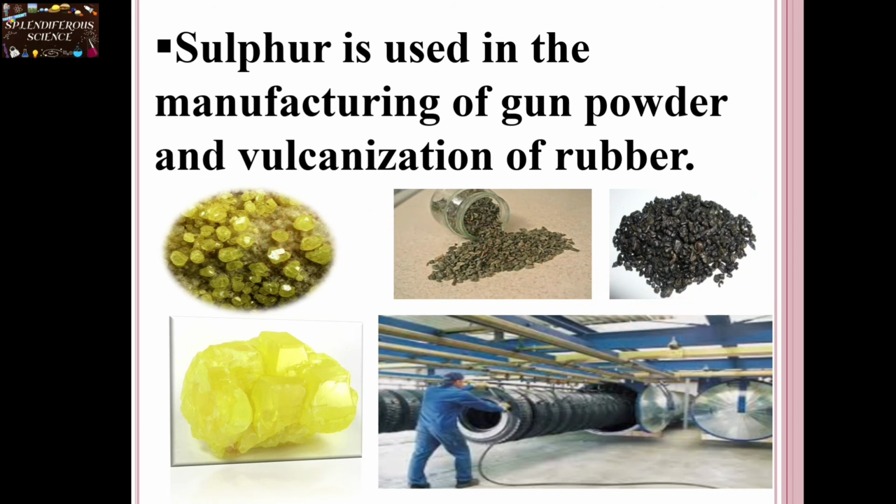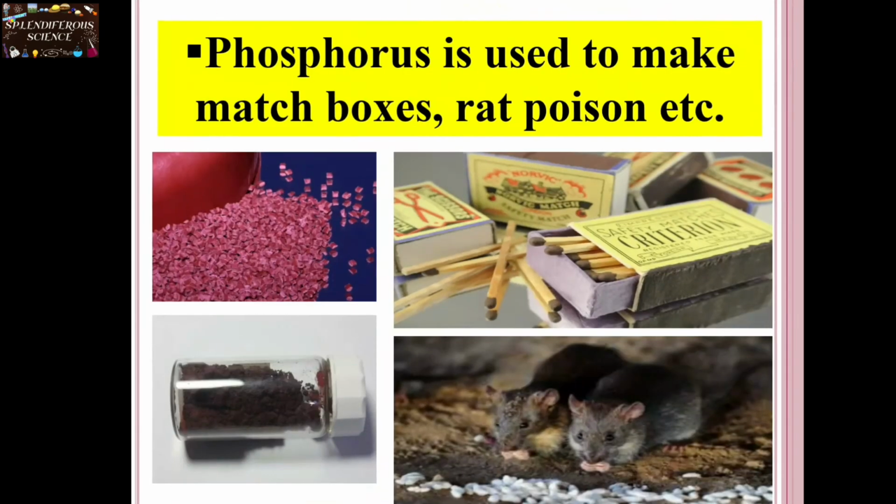What is vulcanization? The process of hardening rubber. Phosphorus is used to make matchboxes and rat poison, etc.